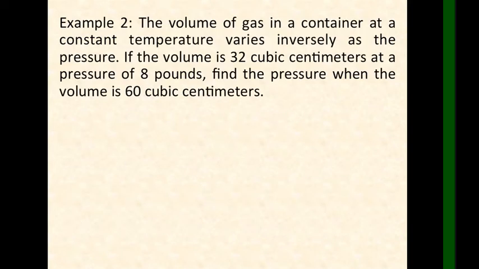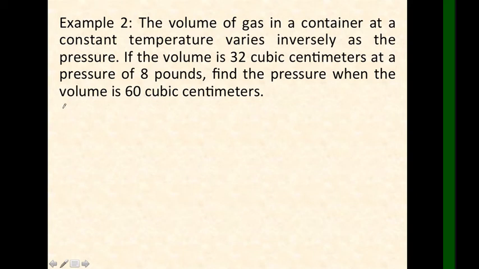The volume of gas in a container at a constant temperature varies inversely as the pressure. If the volume is 32 cubic centimeters at a pressure of 8 pounds, find the pressure when the volume is 60 cubic centimeters. Okay, first, ang kailangan nating kunin ay yung k.